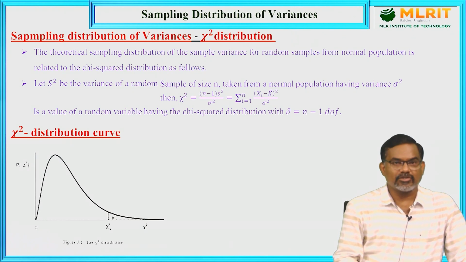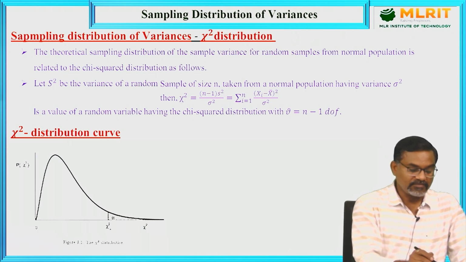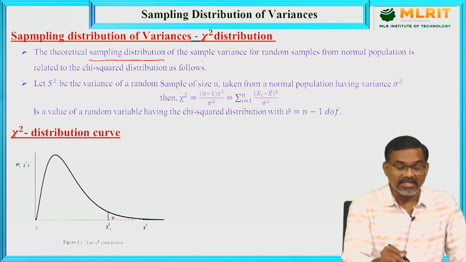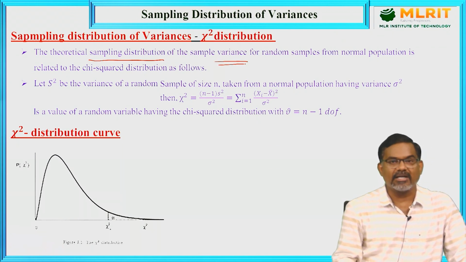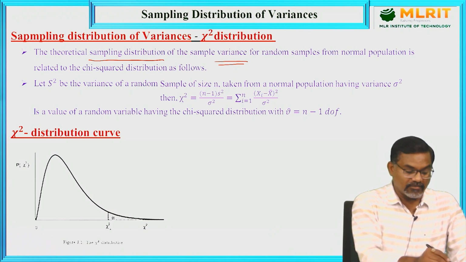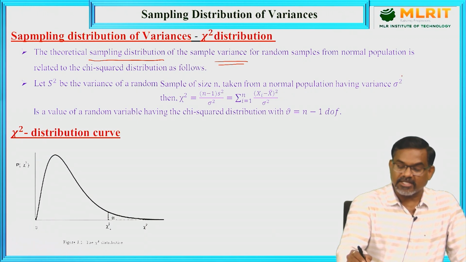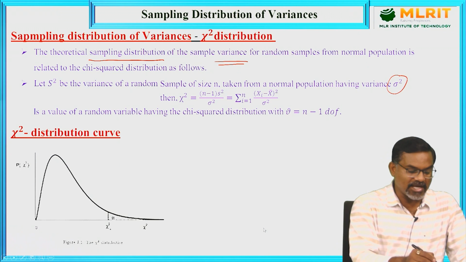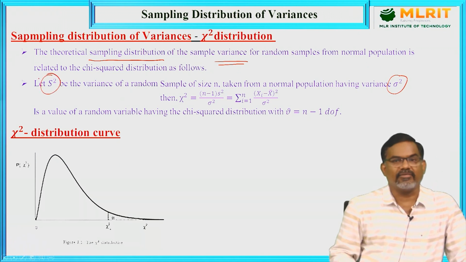Now, sampling distribution of variances. The theoretical sampling distribution of sample variance for random samples from a normal population is related to the chi-square distribution. For example, let us consider a population with variance sigma square and draw a random sample from it having the variance s square.